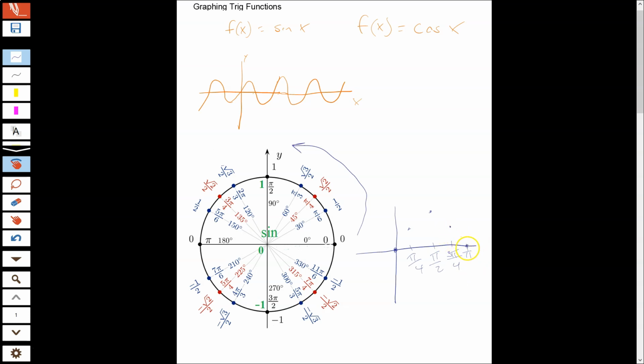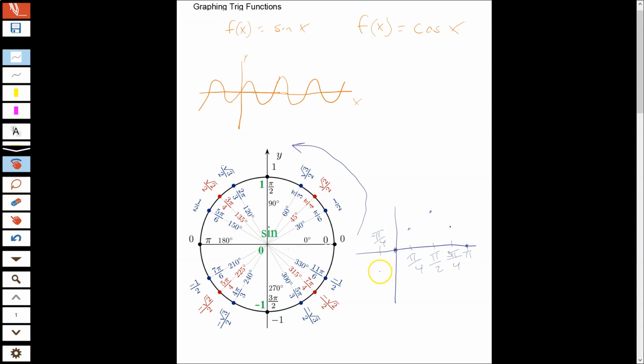And then as I continue, notice my values start to get negative. I could plot the other half of this too. So this would be starting at 0 and going to negative pi over 4, which is the same as 7 pi over 4.